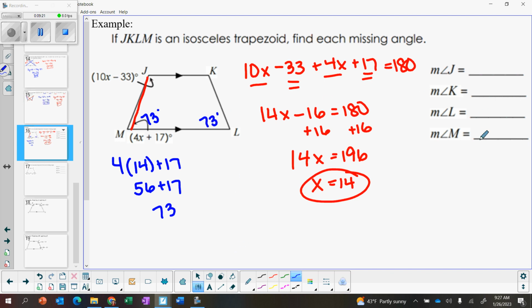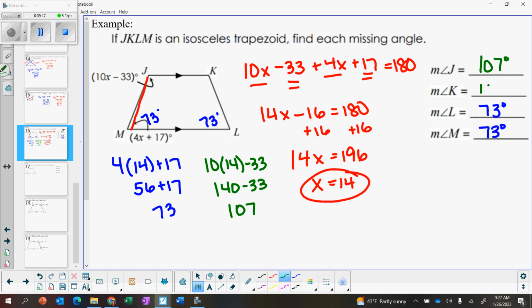So angle M and angle L. And then I have two choices. I could either take 73 away from 180 or plug 14 in for that. So let's say I plugged 14 in for that. So 10 times 14 minus 33, 140 minus 33 is 107. And those do in fact add to 180. So these two angles are each 107 degrees.